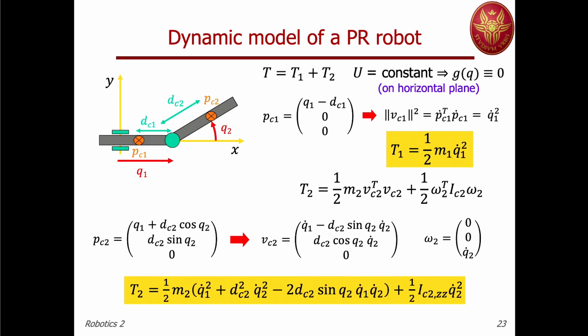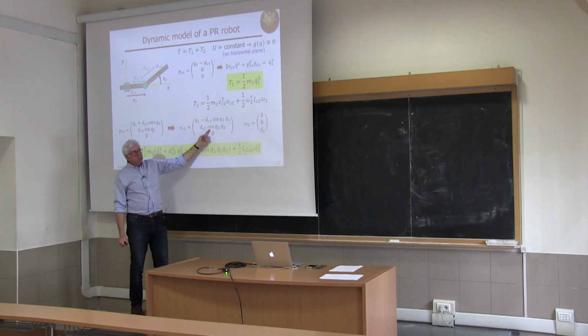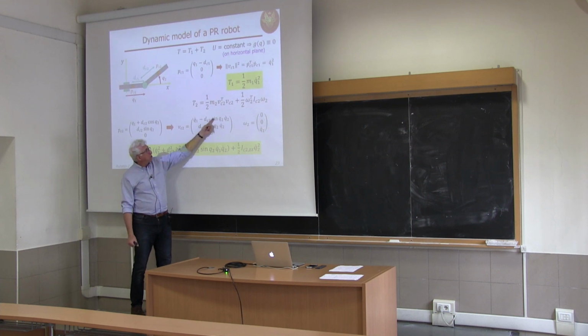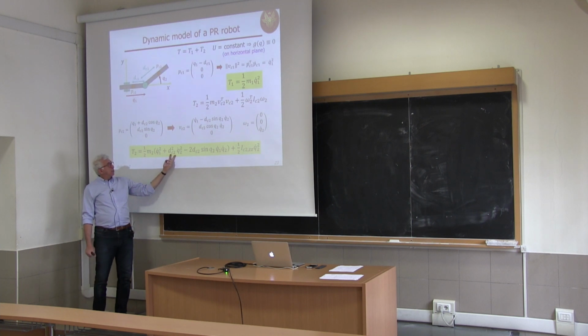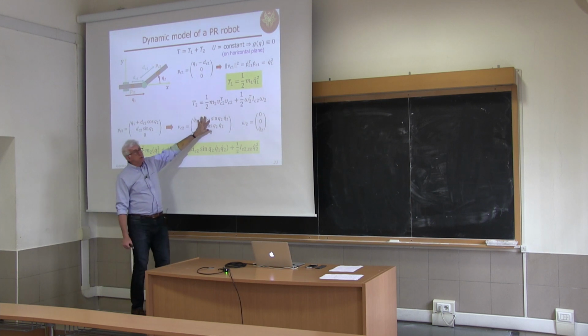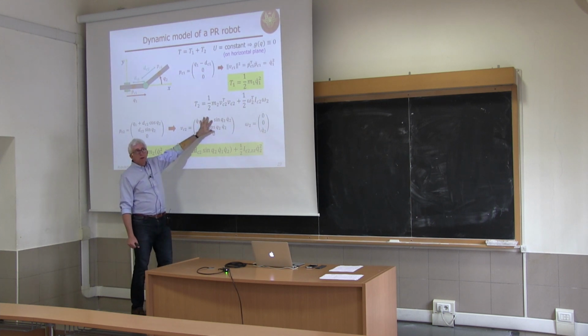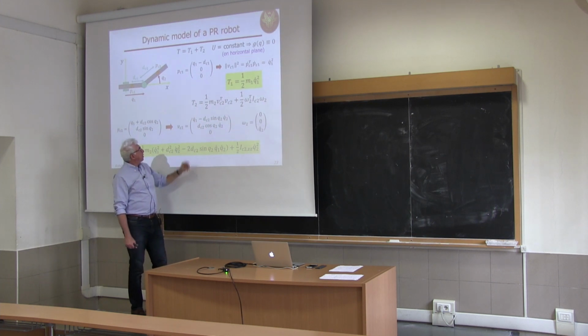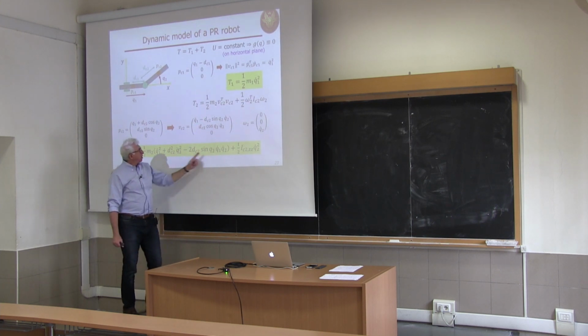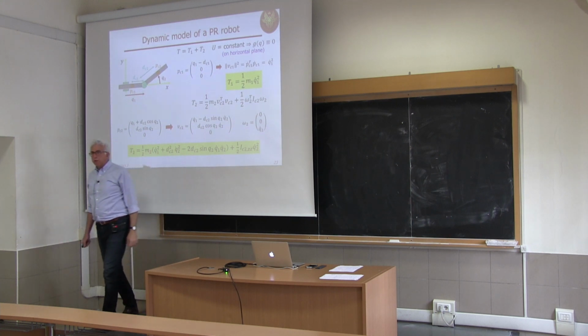So if you put these things together, you take the square norm of this vector, you see you get the square of this term, which is dc2 sine square q2 dot square, but then you have the square of this term, which has cosine square, so sine square and cosine square simplify, so you get, as a result, dc2 square times q1 dot square, plus the double product in this quadratic term, so you have twice dc2 sine of q2 product of q1 dot, q2 dot.